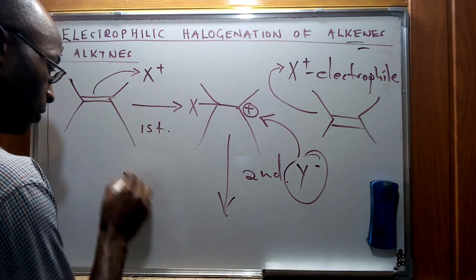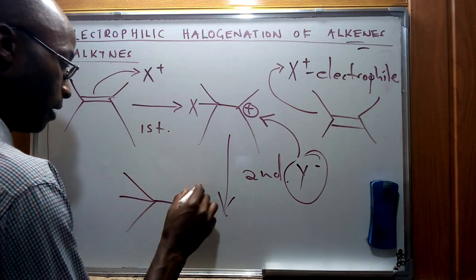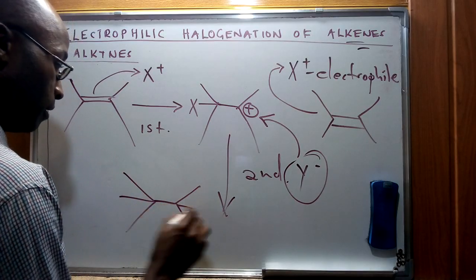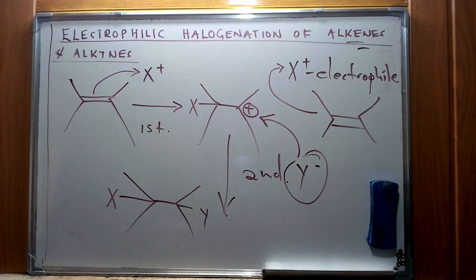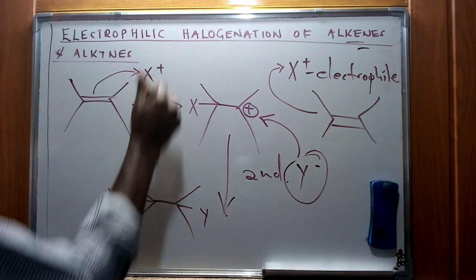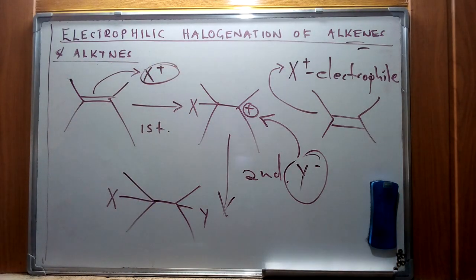So we have this final product given as YX. We expect this kind of combination to be experienced by both alkenes and alkynes, and that implies the concept of electrophilic halogenation of alkenes and alkynes.